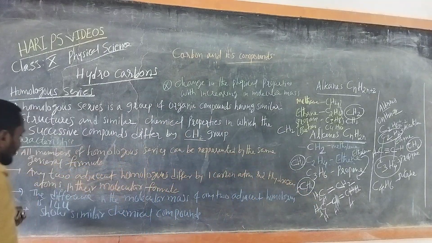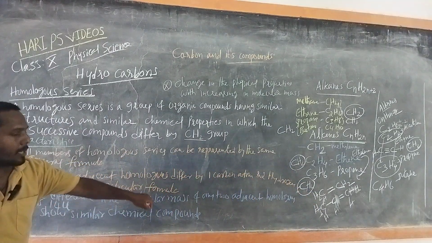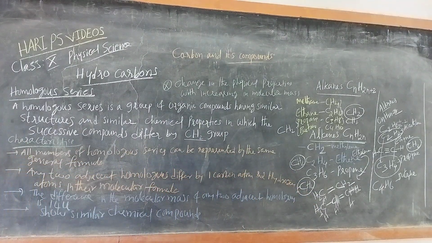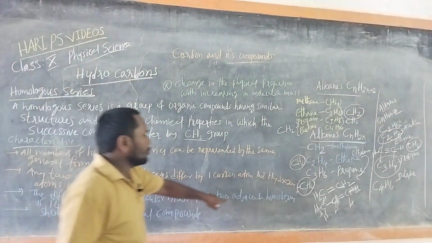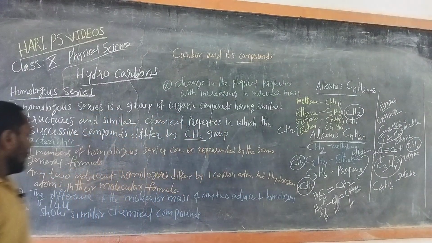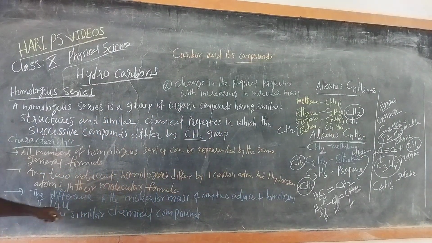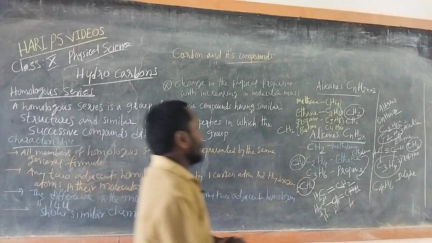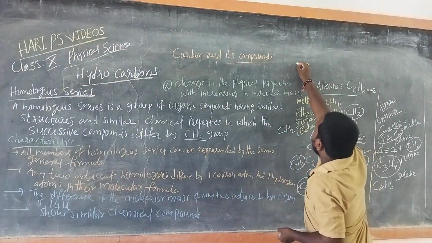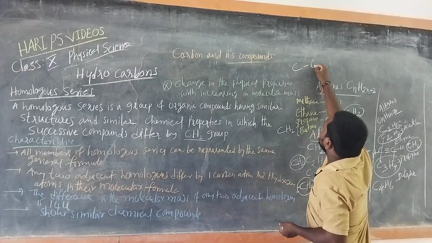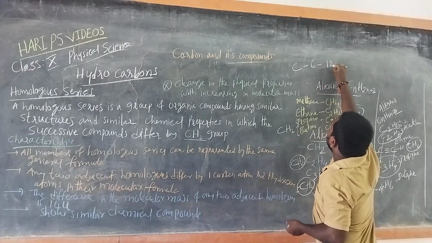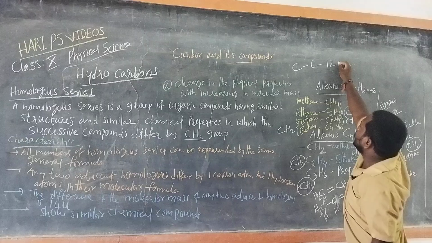Then the difference in the molecular mass, the total mass of any two adjacent homologues, is 14 units. Why? Carbon's atomic mass is 12 units.